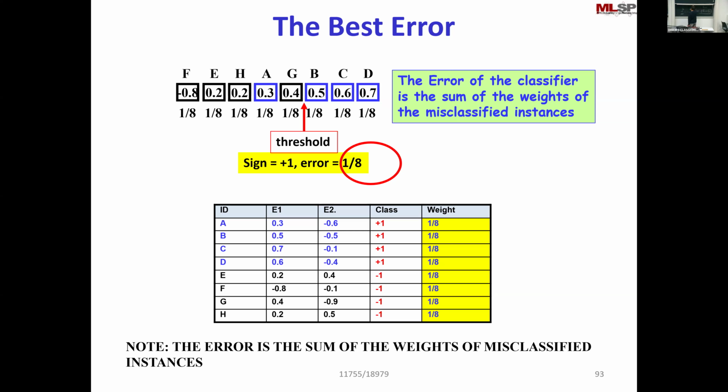Now I want a function which has this property, which is when E is 0.5, f of E equals 0. This is what we wanted, right?